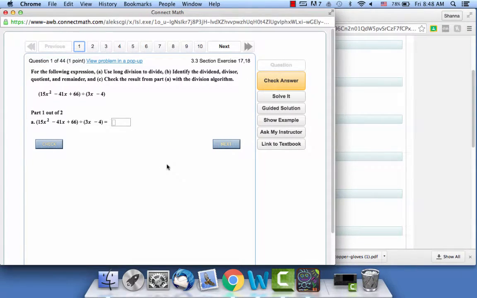Let me come back over here and get this first one. Okay, so I want to divide that polynomial by that one. Note that if you had been given, say, 405, this would be 4 times 10 squared plus no 10s plus 5.